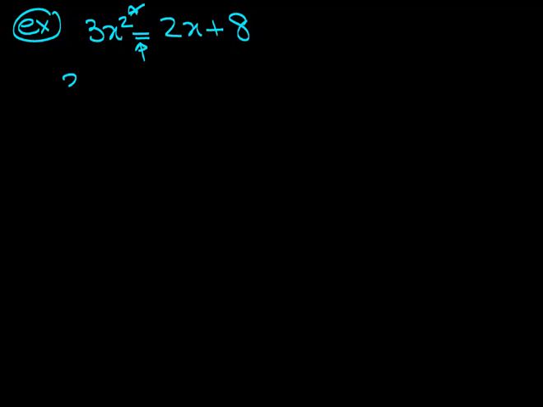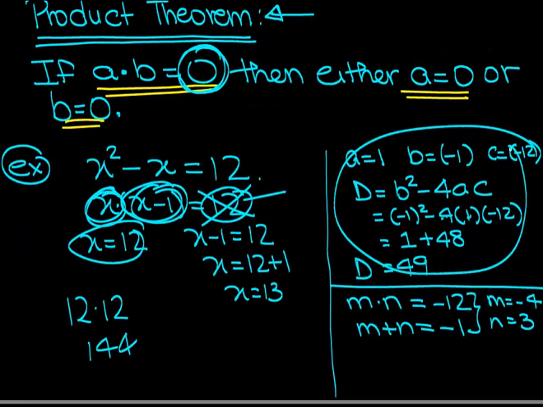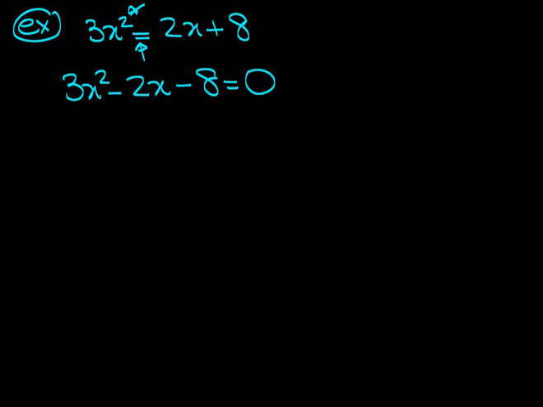Move everything to one side, so we get 3x squared minus 2x minus 8 is equal to 0. Okay. Now, how do I solve this? How do I factor this? Right now we're just learning to solve by factoring. The first thing I would do is check to make sure this can be factored by doing the discriminant business like I did here. Unless you already know it can be factored, I know this can be factored. So let's see how we do this.